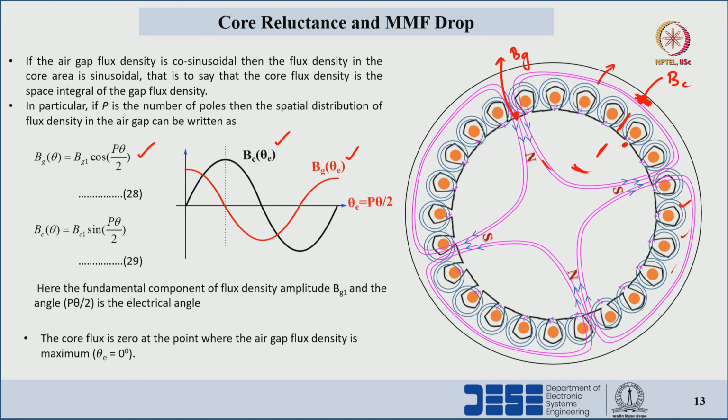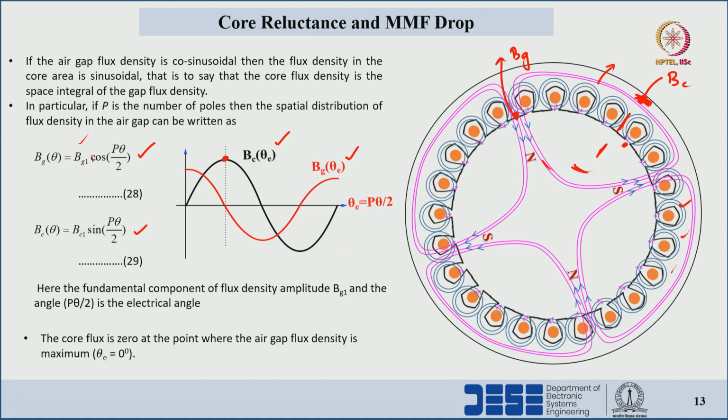Bg of theta is equal to the peak flux density value, Bg1, into cos theta electrical, that is P into theta by 2, and the core flux density Bc of theta is Bc1, the peak core flux density, into sin theta electrical.